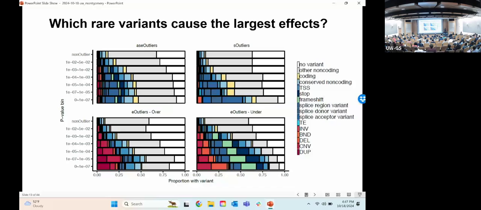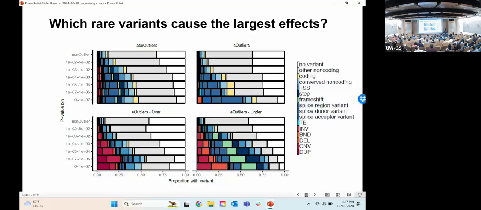And we're saying what categories of different rare variants are we finding that are increasingly enriched under these stronger and stronger outliers. For splicing outliers, it shouldn't be a surprise that as we get to stronger and stronger outliers, we get more of this blue color here. These represent your splice region variants, your splice donor, splice acceptor variants. So the really strong splice outliers seem to be driven by canonical splice events.